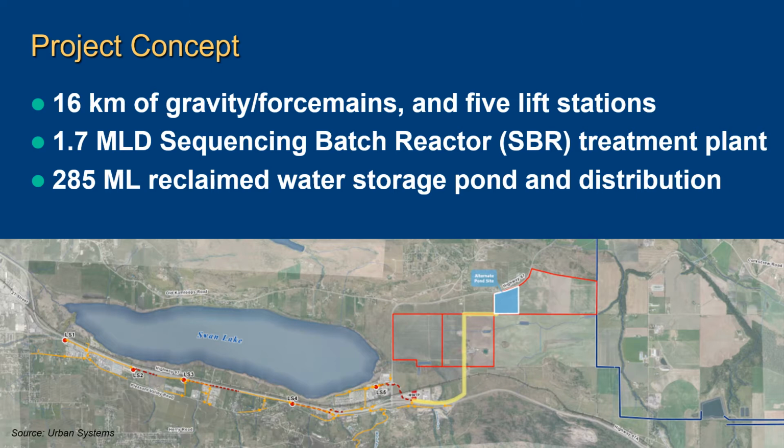It's an SBR plant, but it's only 1.7 megaliters per day. And that's very, very small. But the idea was to collect the wastewater, treat it, store the reclaimed water in a pond, and then ultimately distribute it back for agricultural irrigation use.